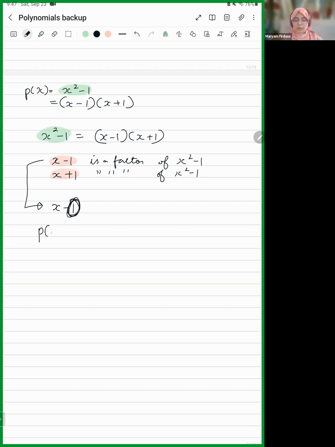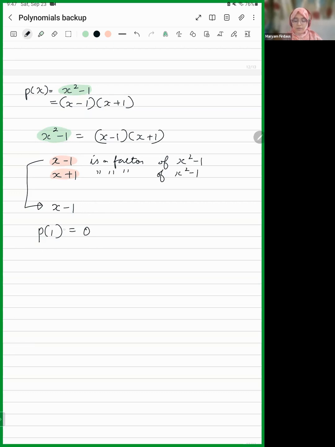That means p of 1. What will p of 1 be? 1 square minus 1. So 1 minus 1, which is equal to 0, right? So do you see that over here, p of 1 is 0. That is why x minus 1 is a factor of the p of x.